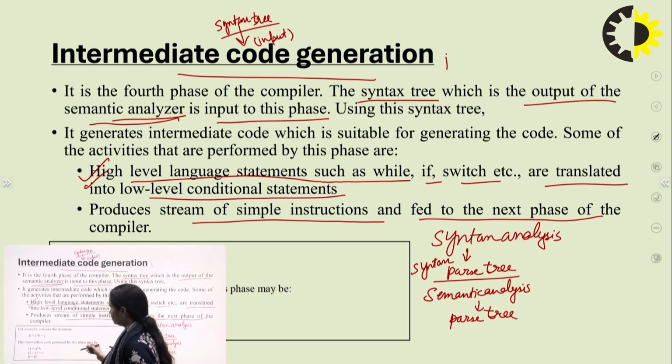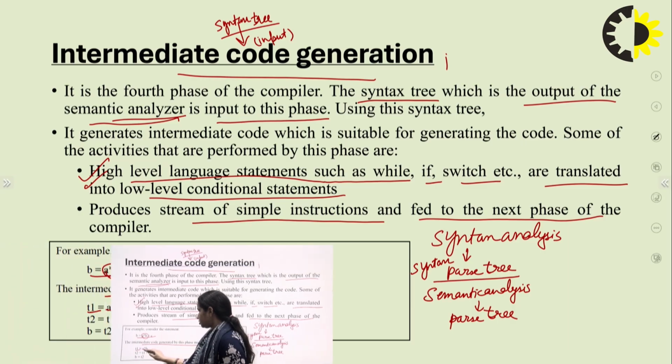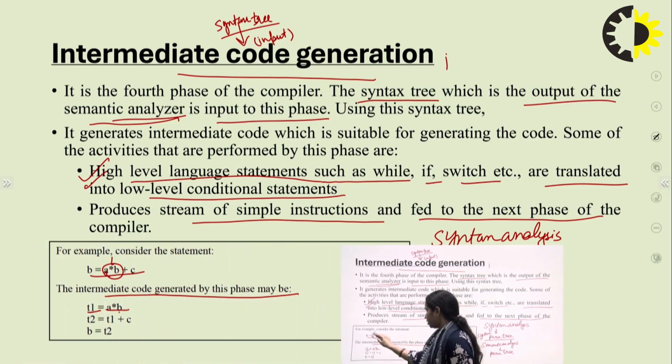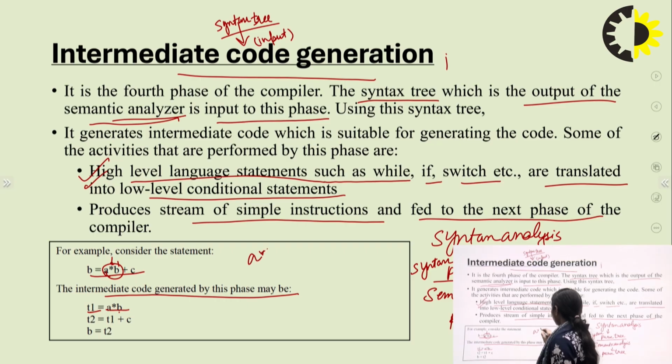We will learn further. So, let us take an example: B is equal to A into B plus C. What is the intermediate code generation phase doing? It takes A into B and assigns a temporary variable to it, so A into B becomes T1.